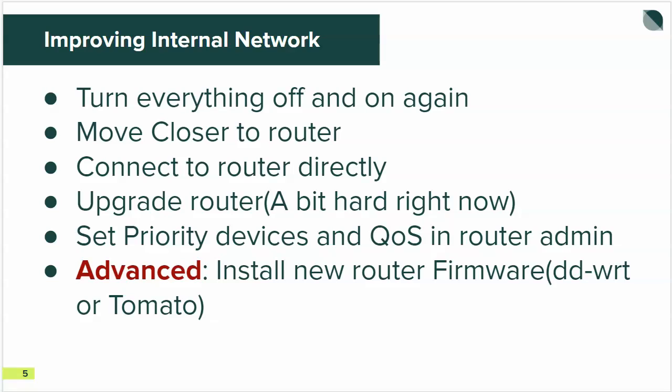This is also the point where you could dive in and start getting into the technical setup of your home router. So there are two key areas in this. One is most routers have a default admin panel where you can go in and tell it which devices in a network are the priority devices, so that they get the available bandwidth before others, and also set some quality of service settings to try and prioritize video calls in particular.